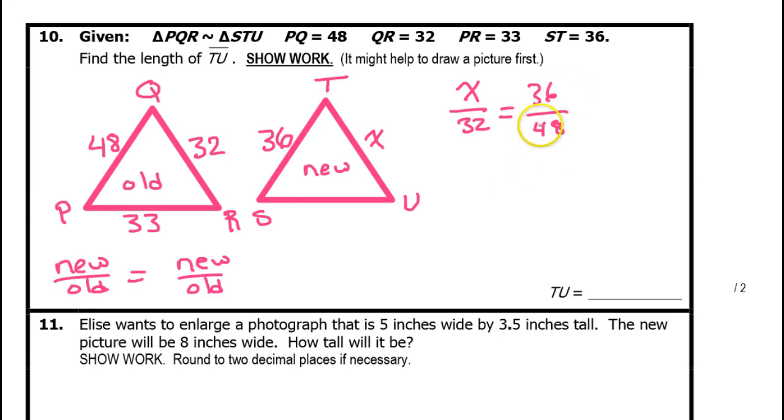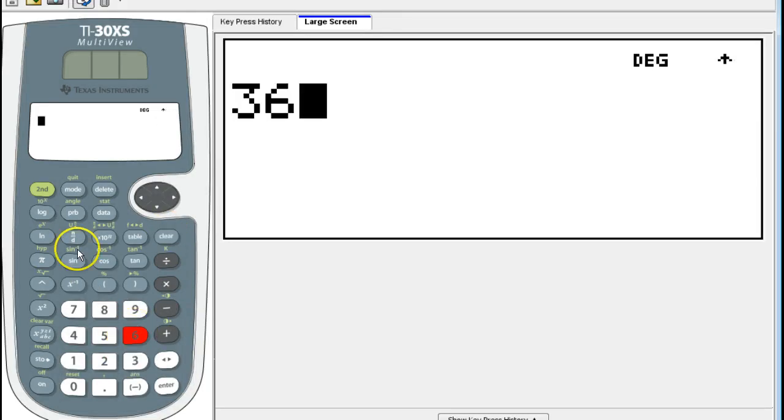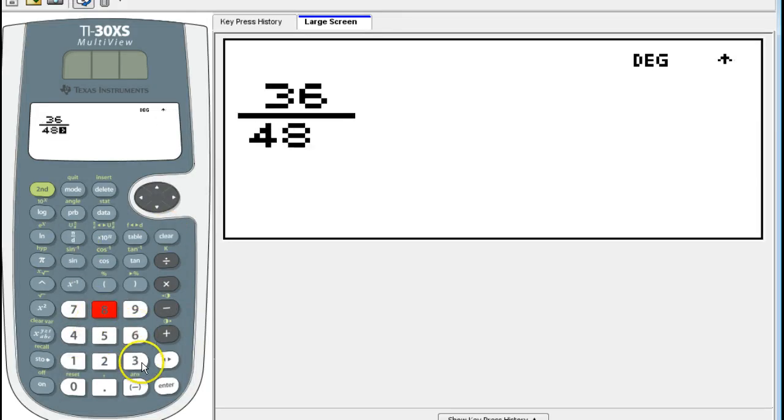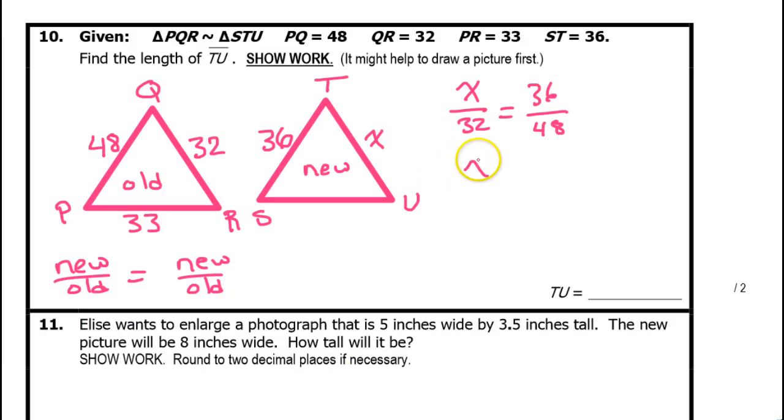I like to reduce these. So that's 3/4. So X over 32 is equal to 3/4.